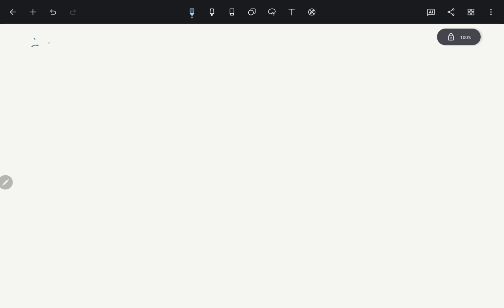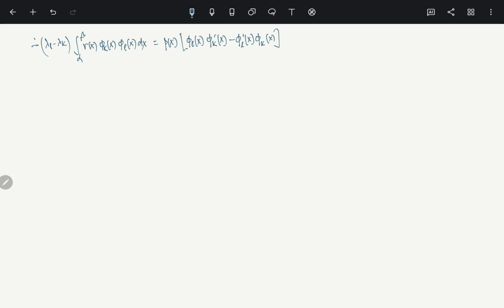Therefore, (lambda l minus lambda k) times the integral from alpha to beta of R(x) phi k(x) phi l(x) dx equals p(x) times [phi l(x) phi k prime(x) minus phi l prime(x) phi k(x)], that is, p(x) times the Wronskian of phi l and phi k.